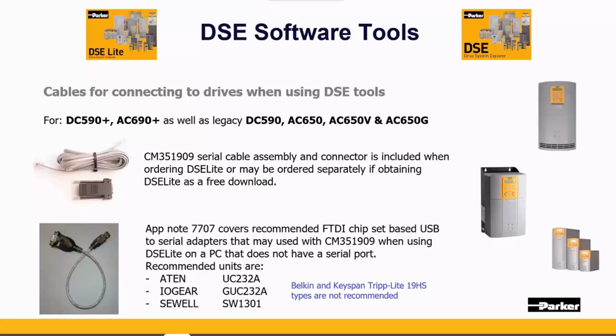Most computers today do not have serial ports, and so we recommend adapters to USB ports, and that would be these three shown at the bottom. And in the same vein, we do not recommend the Belkin and Keyspan Tripp Lite types shown in blue here. We have had some issues using those. We don't sell these. You can get these online or at the local office supply. Just no point in us being the middleman for something you can get anywhere.